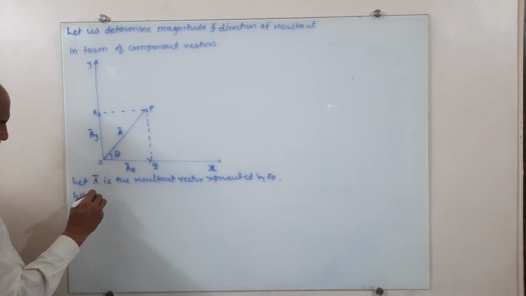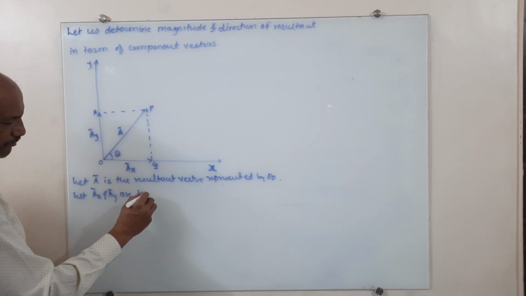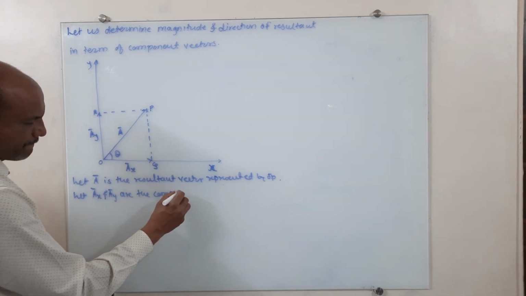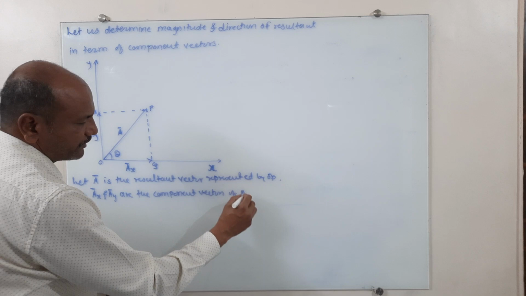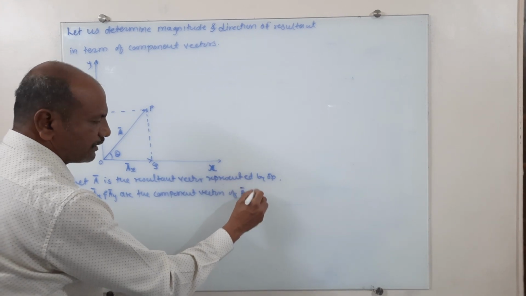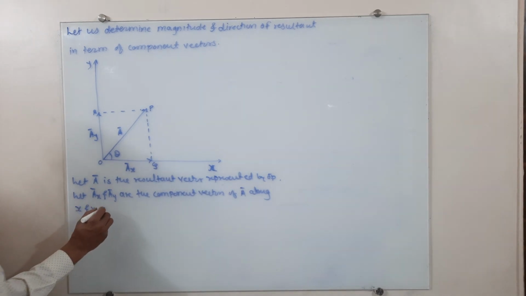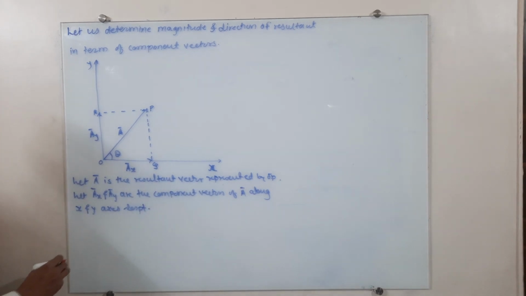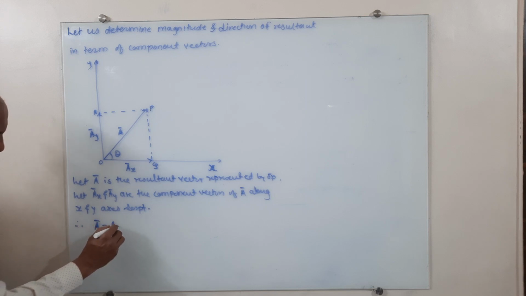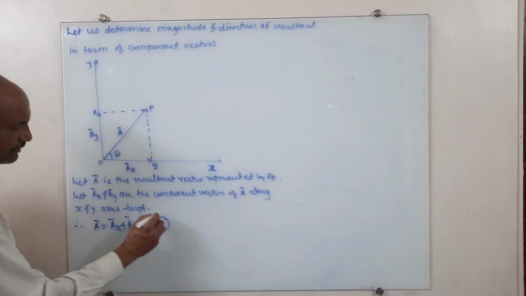Let Ax bar and Ay bar be the component vectors of A bar along X and Y axis respectively. Therefore, A bar is equal to Ax bar plus Ay bar. Equation number 1.